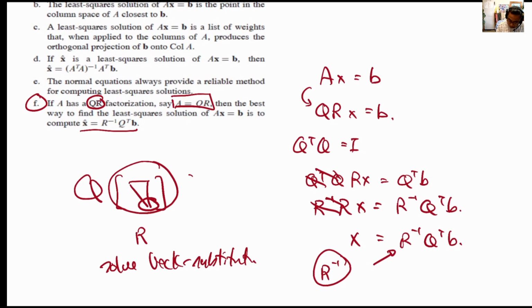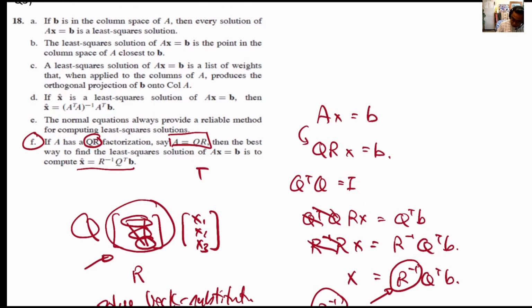For example, if we have x1, x2, and x3, we solve for x3 first, put it into the equation for x2, and finally x2 and x3 are plugged into the equation for x1. So we never want to perform an inverse because sometimes it is unstable. That's it. So the answer for question 18F is also false. Thank you.